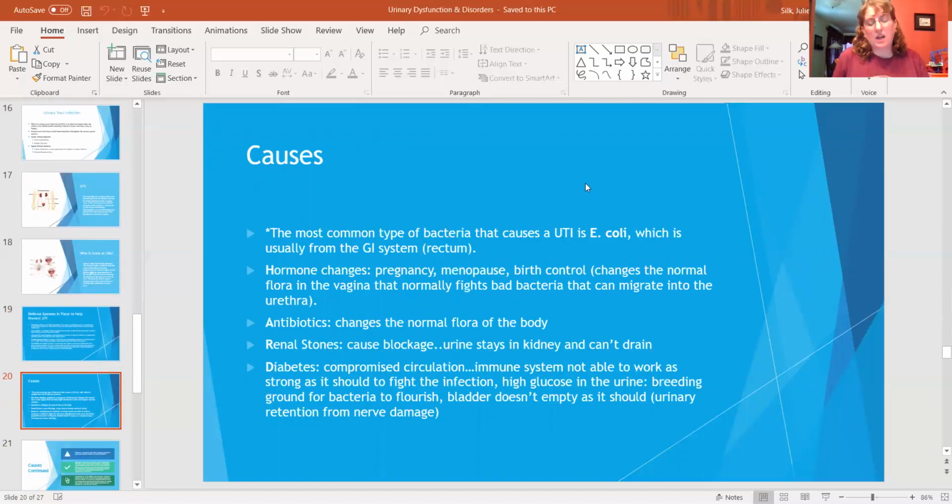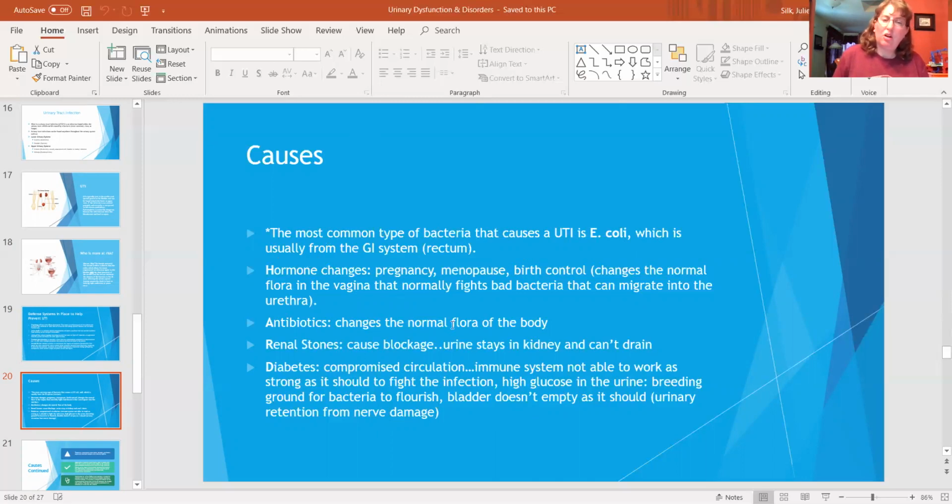So typically the most common type of bacteria that causes UTIs is going to be E. coli. This is usually from the rectum because someone's not wiping the correct way. Other things that could possibly cause a UTI would be hormone changes. Sometimes you get them when you're pregnant, menopause, birth control, antibiotics. Sometimes they'll change your normal flora of your body, so it causes you to be more apt to get sick.